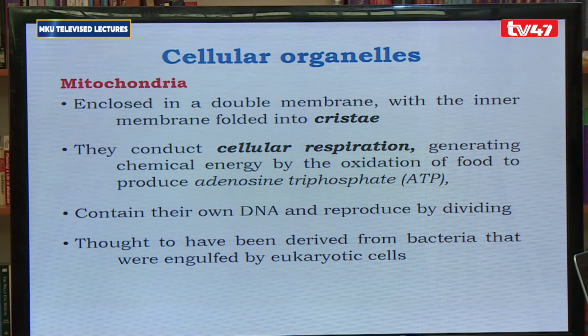We are normally told that mitochondria could have been bacteria that were swallowed by a eukaryotic cell, and that is why they would have their own DNA and also be able to divide on their own. These are processes where we are trying to explain the evolution of eukaryotic cells. You'll find this information that they could have been derived from bacteria which were swallowed by a eukaryotic cell.